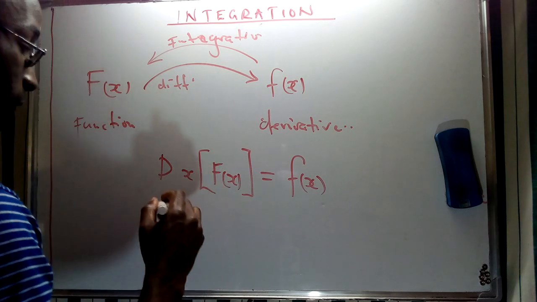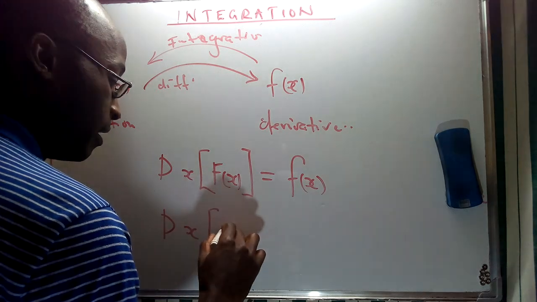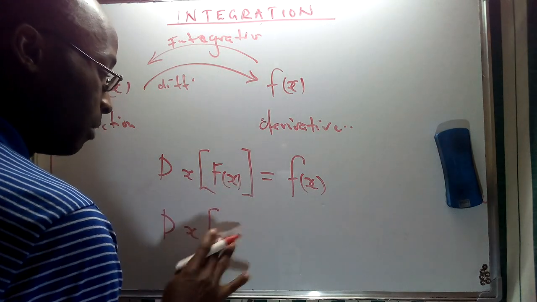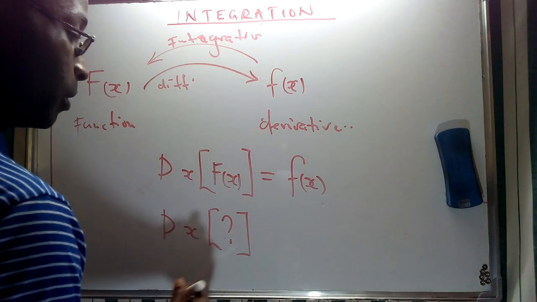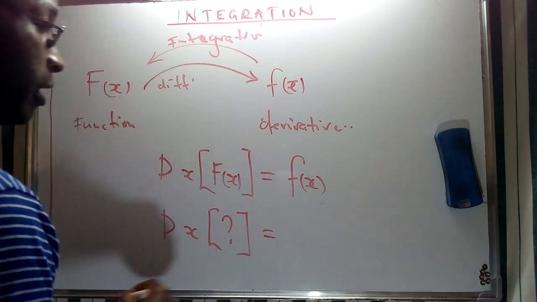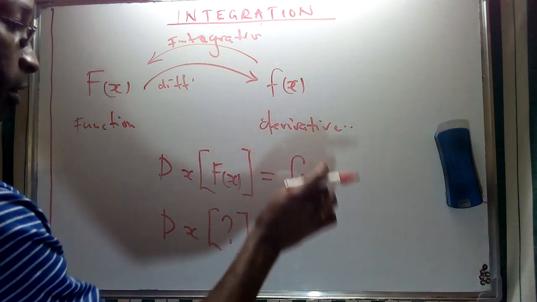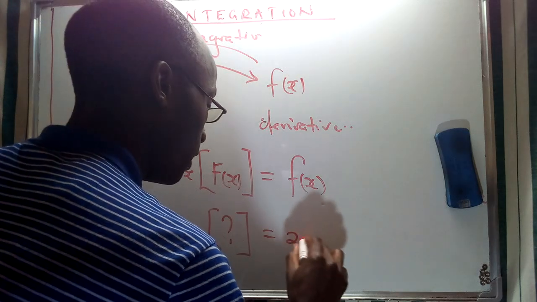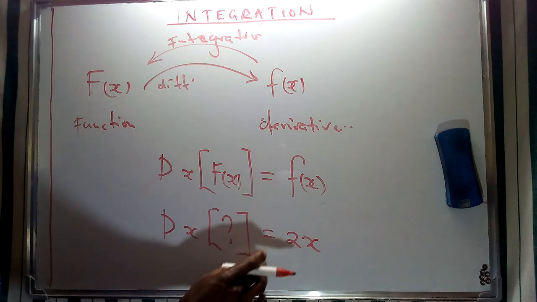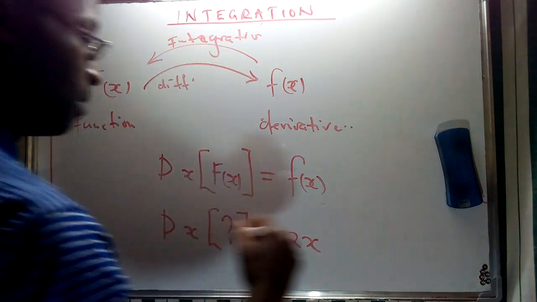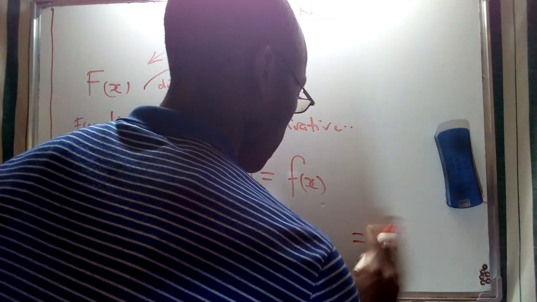Now suppose we have the derivative with respect to x of a particular function, or rather another arbitrary letter which is going to assist us in making it the subject. Suppose this specific function is going to yield a derivative on this other side that is going to be 2x. If we are required to find this function, we can do a reverse of this differentiation process and pinpoint that this specific function inside here is going to be the square of x.